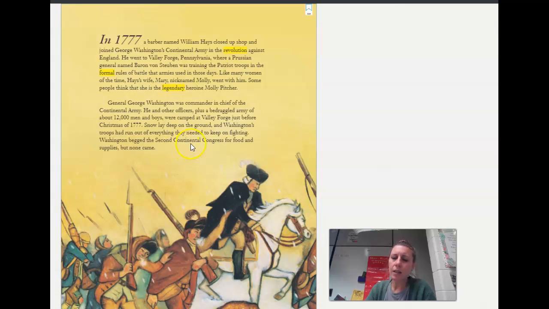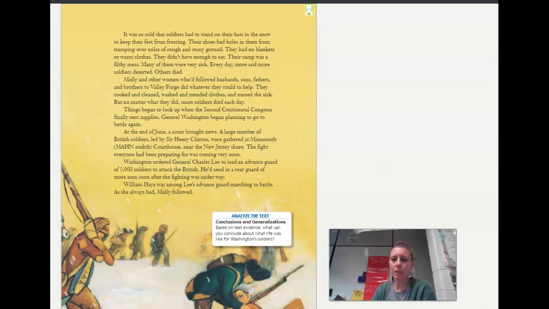Washington begged the Second Continental Congress for food and supplies, but none came. Okay, so it's right before Christmas. The people fighting in the battles are hungry, so we can stop here and draw some conclusions about what's happening. So the times were obviously what? What would you say?